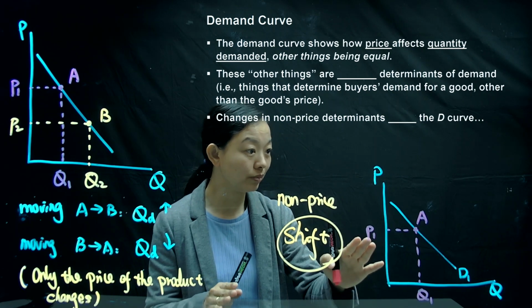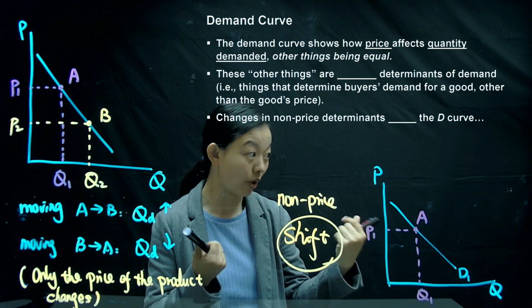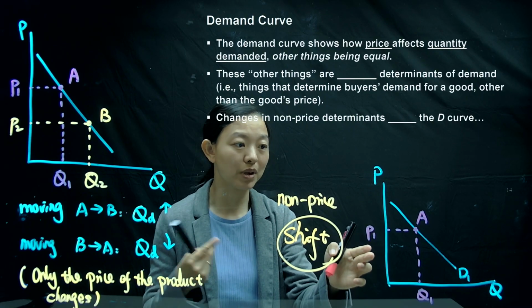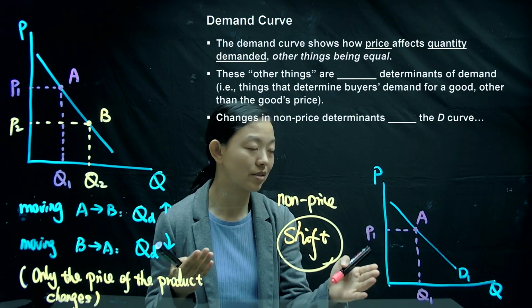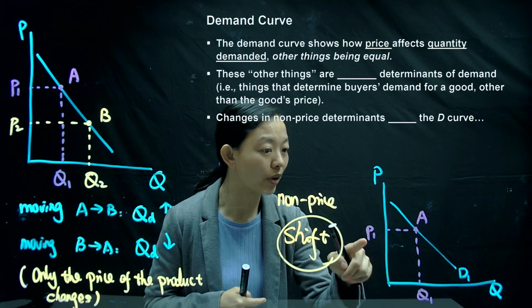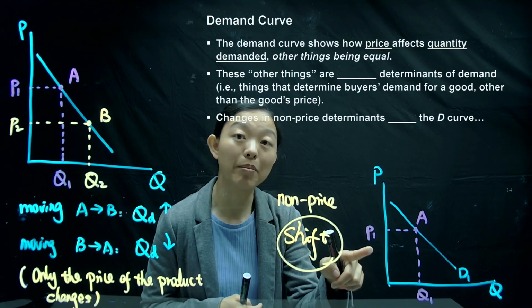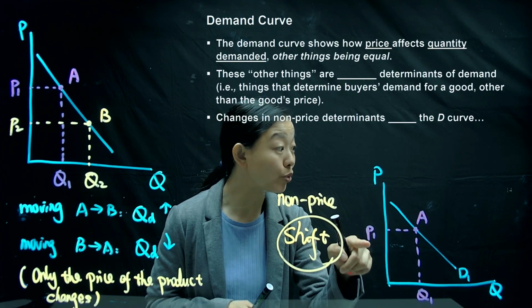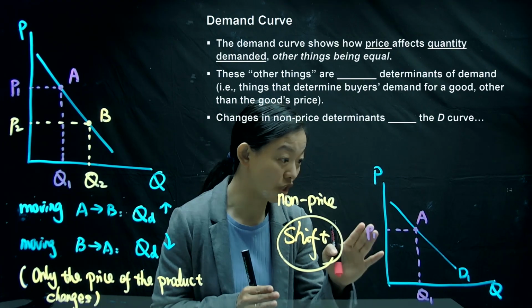Now we assume your income level increases. And this is maybe a product like seafood or steak. So we say, okay, now your income increases, you can buy more seafood or steak, even though the price of seafood or steak doesn't change.